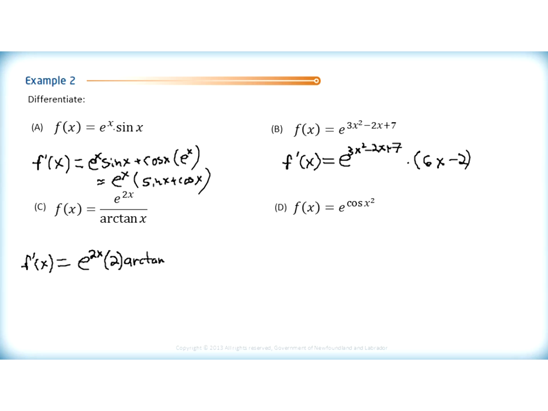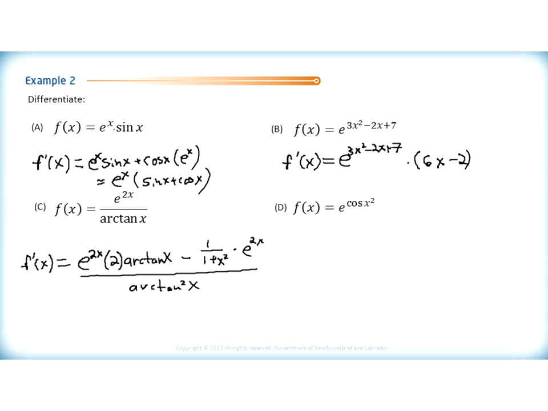Remember, arctan is just the inverse tangent function. And then I have to subtract, because I'm using quotient rule, the derivative of arctan, which is a really cool one, 1 over 1 plus x squared, multiplied by the derivative of the numerator, e to the power of 2x, all divided by the denominator squared. So the square of arctan, well, we can just call that arctan squared x, if we like.